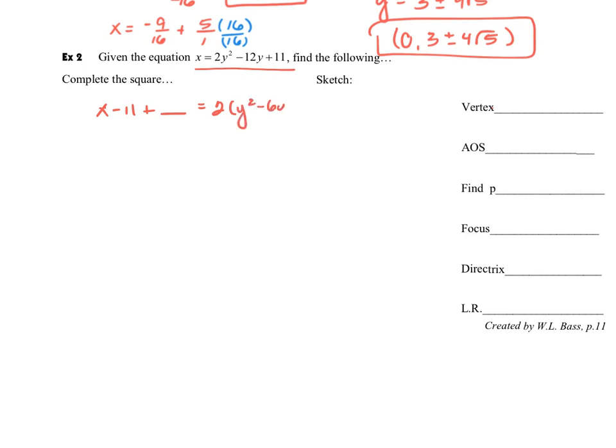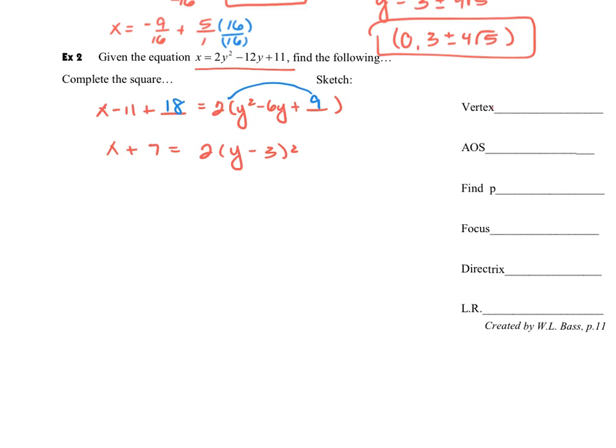Y squared minus 6y plus a blank. Then I'm going to balance my equation. A 9 goes in the blank, has to balance, puts an 18 on the other side, gives me an x plus 7, 2, y minus 3, quantity squared.